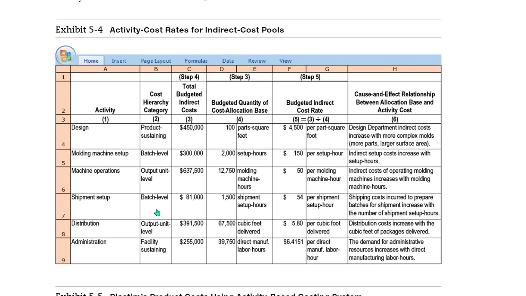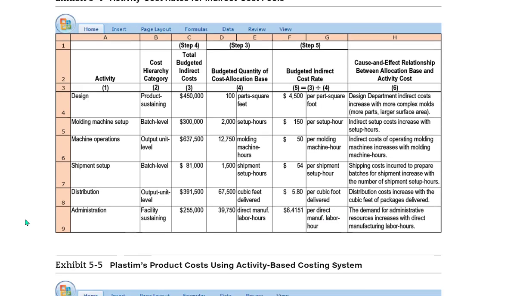All right, these are shipped in batches. Distribution is an output unit level. Distribution costs increase with the cubic feet of packages delivered. Okay, so there's a relationship there between the unit and the distribution cost. And then administrative costs are facility sustaining, and it increases with direct manufacturing labor hours. So that's what they use for the cost driver.